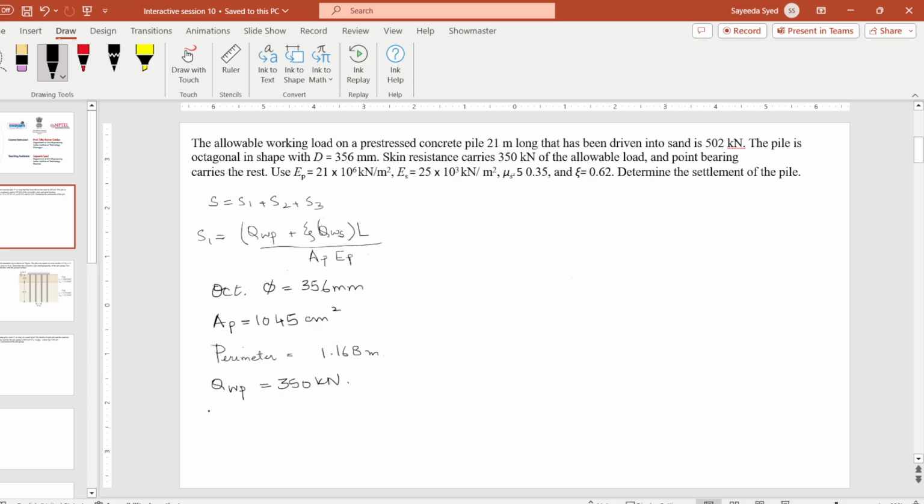This is QWS, and QW is given as 502 kilonewton.